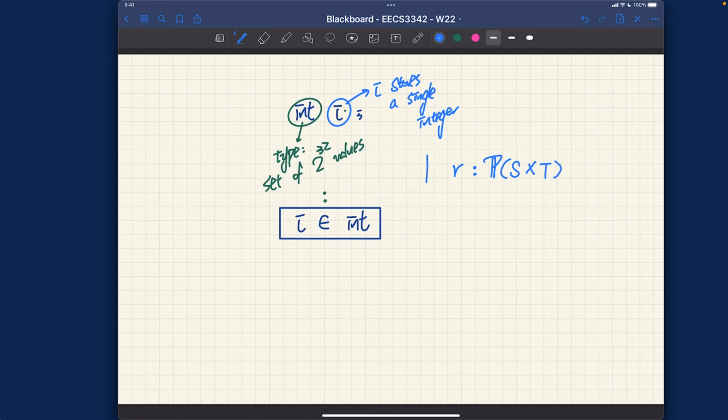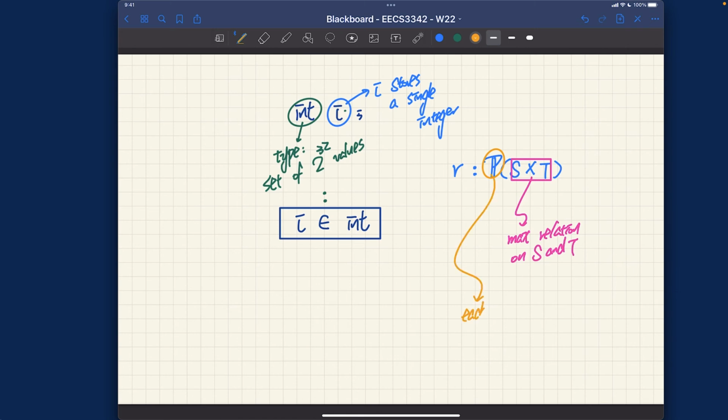Let's now take a look at this. S cross product T over here, as we learned before, is the maximum relation on S and T, right? That's a maximum. It's a single relation. But now we are talking about taking the power set of the maximum one, right?